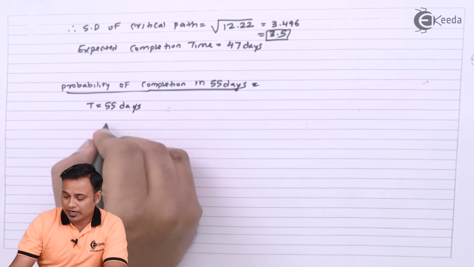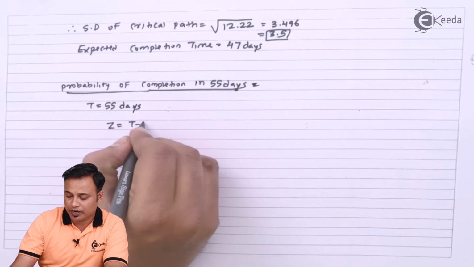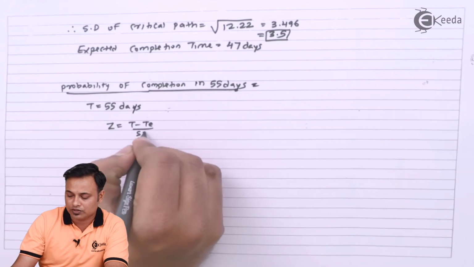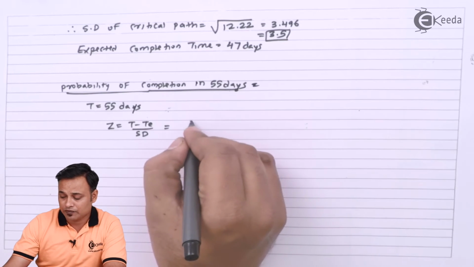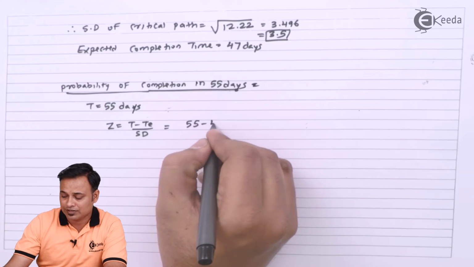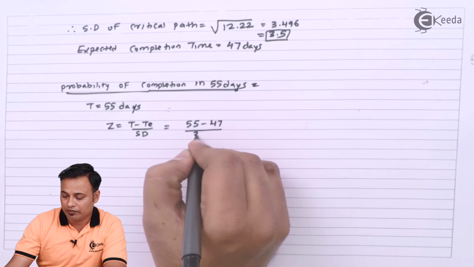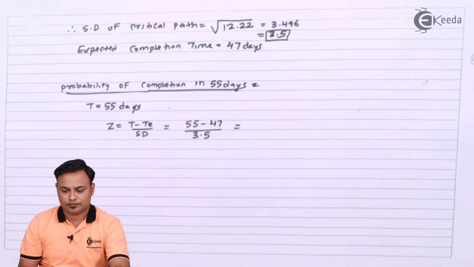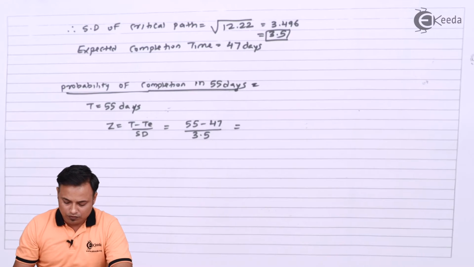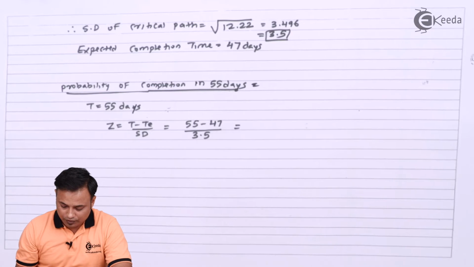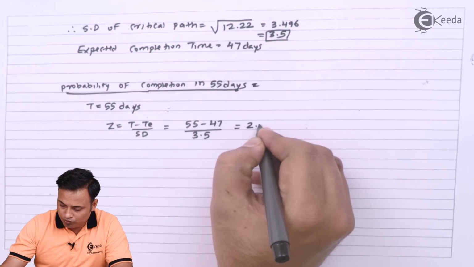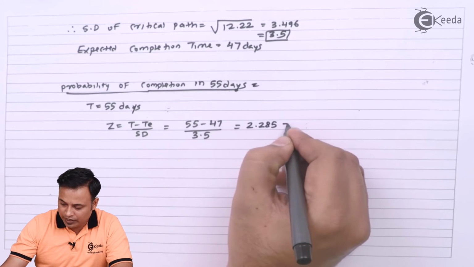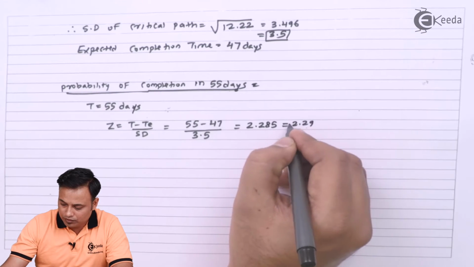So here we will find the value of z. The formula is target time minus expected time upon standard deviation. So my target time is 55, my expected time is 47, divided by standard deviation 3.5. So 55 minus 47 divided by 3.5 will give me 2.285, which I can write down as 2.29.